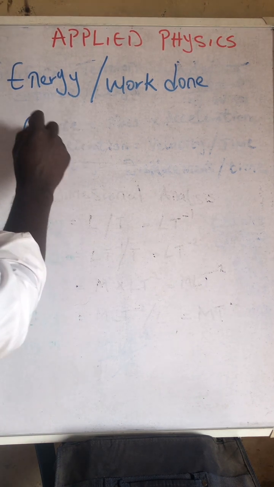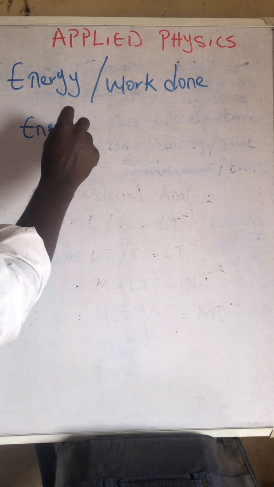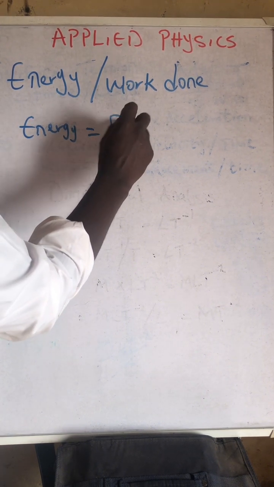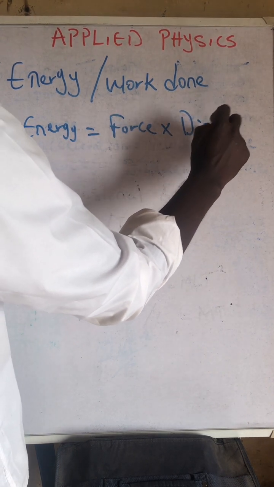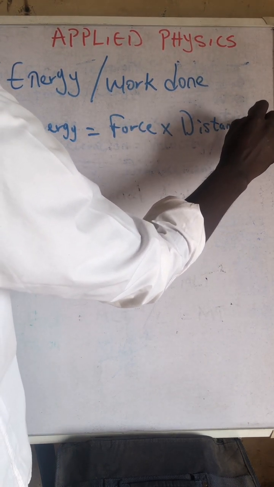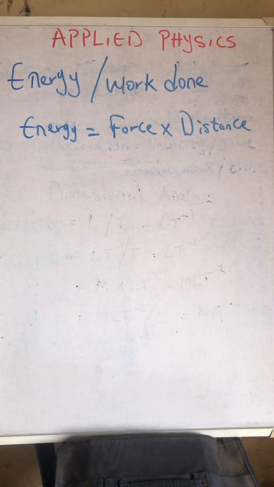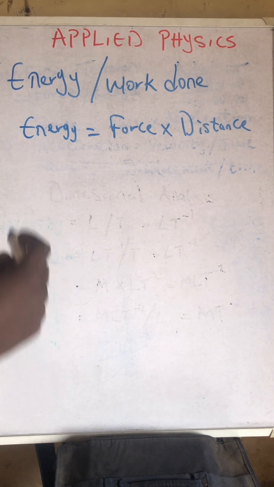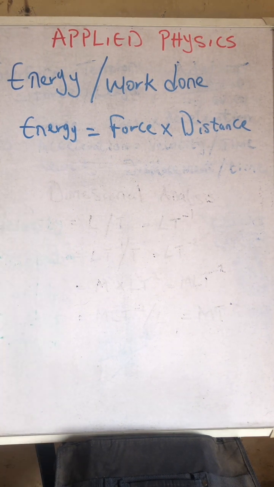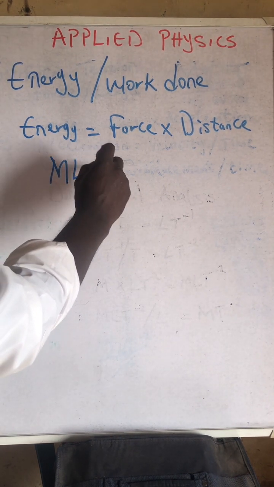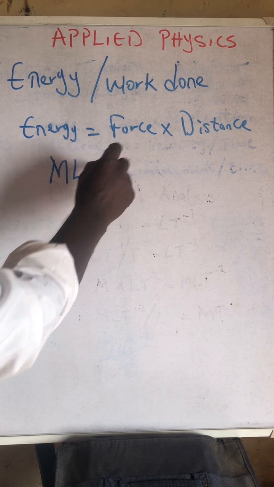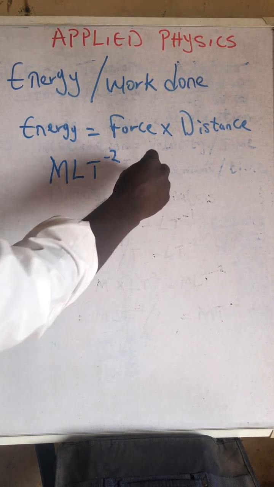Energy is equal to force times distance. From the previous example I gave, the dimensional analysis for force is MLT raised to the power minus 2. So this represents force times distance.